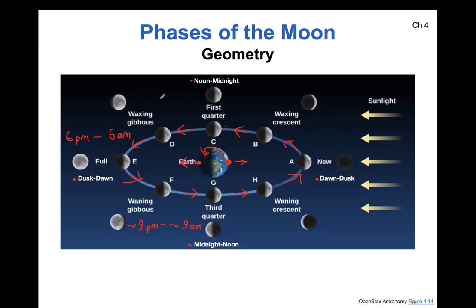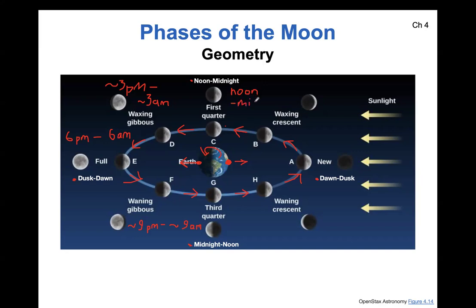And then I'm just going to put down times for the waxing gibbous, so it's not a point of confusion. It's earlier, so this would be around 3. For the waxing gibbous, it rises around 3 p.m. and sets at around 3 a.m. And then the first quarter rises at noon and sets at midnight.